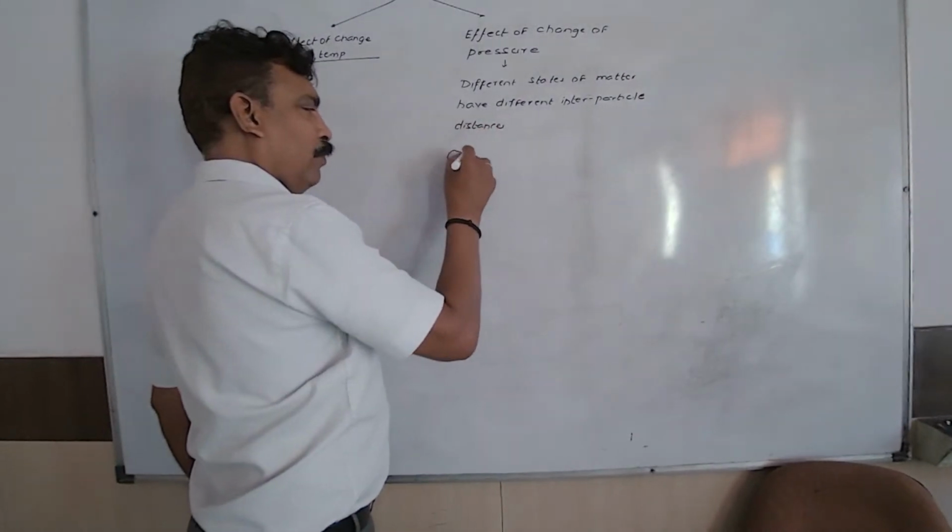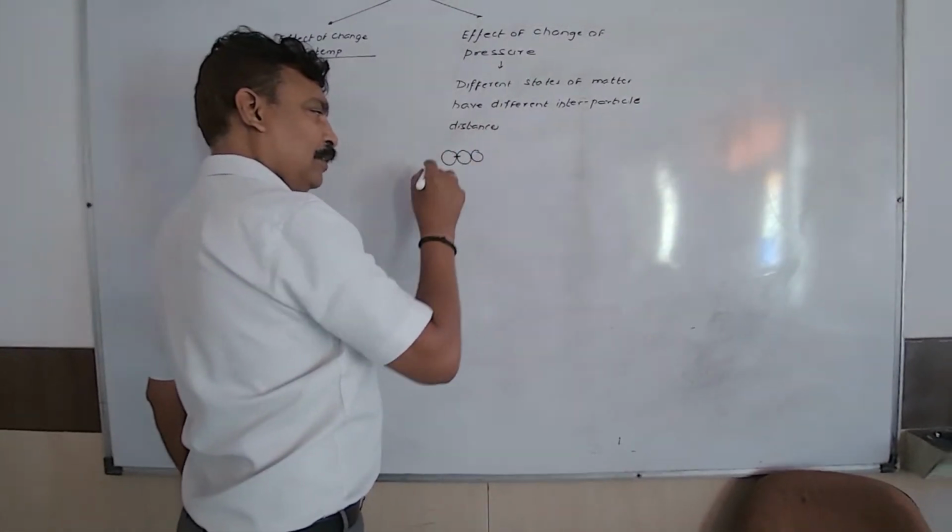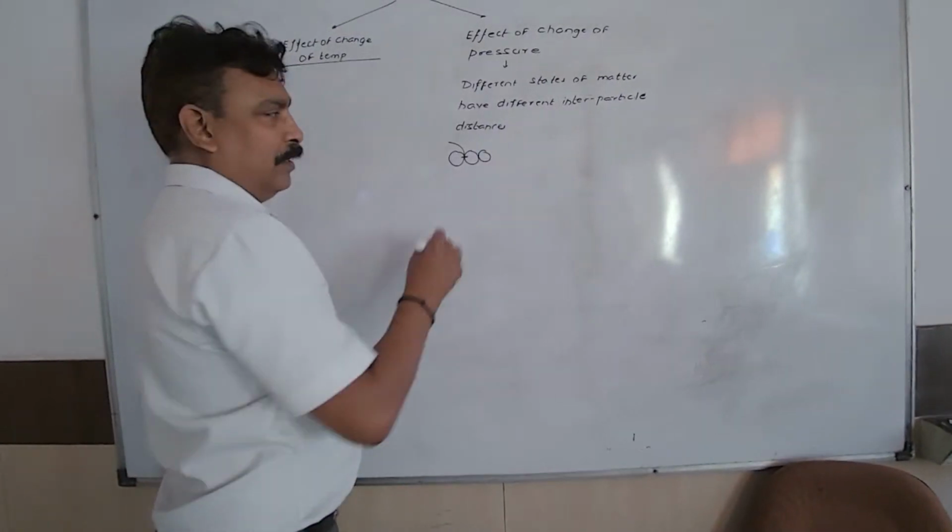For example, in a solid the interparticle distance is very small. It is firmly bound.